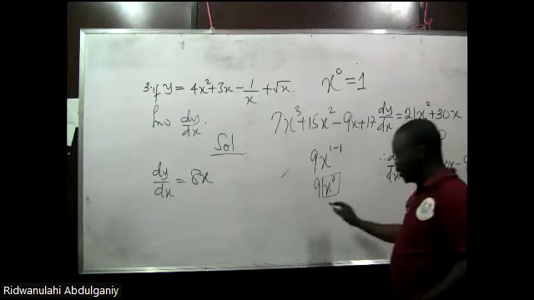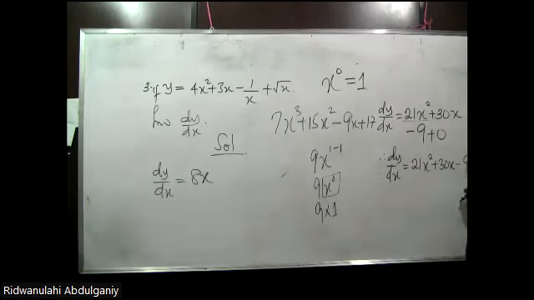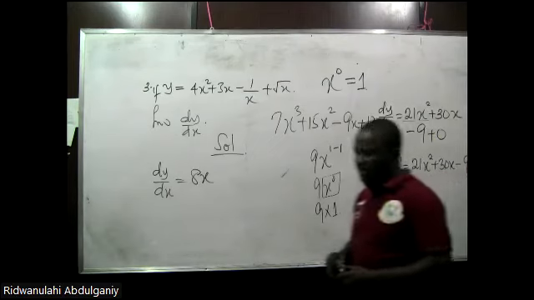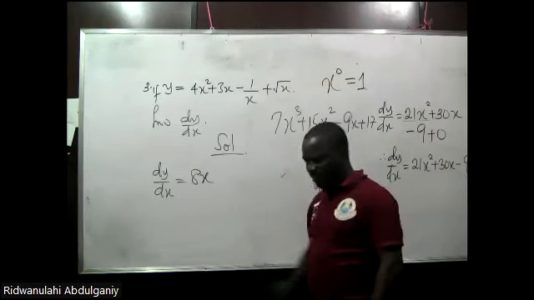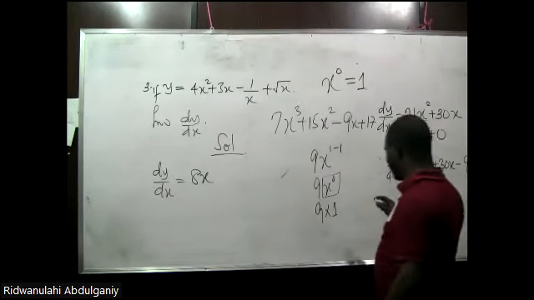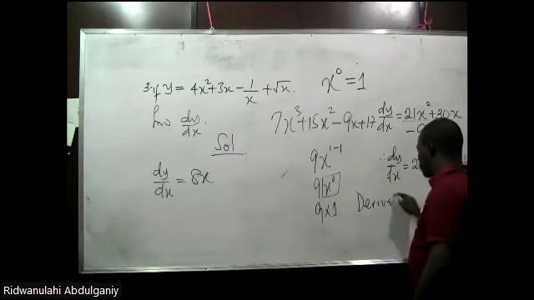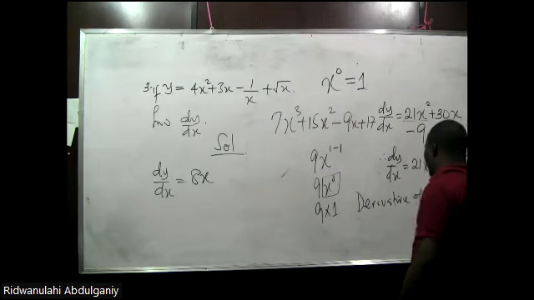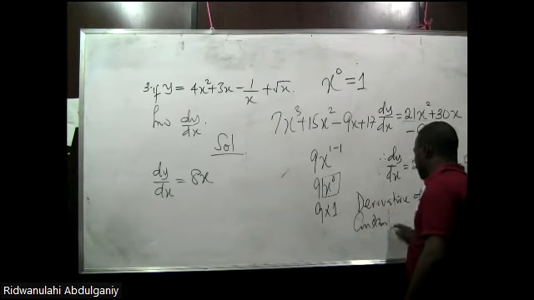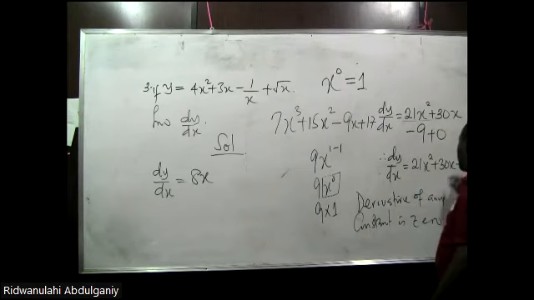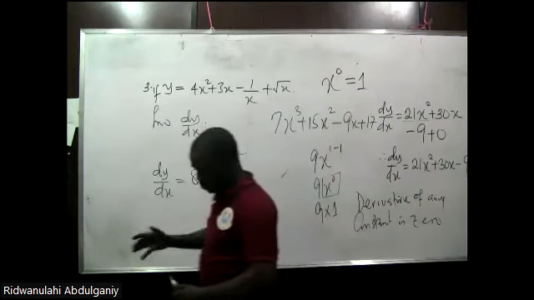Take note of that. So 9 times 1 now gives us 9. In our previous class, I made it clear that if you differentiate a constant, the answer is 0. The derivative of any constant is 0. So 17 is a constant here. What is the differentiation of 17?